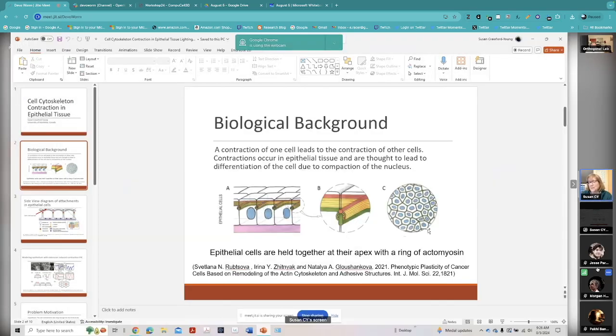An epithelial cell has an interesting structure: an actomyosin ring around its apex. This interesting structure leads to interesting mechanical properties.